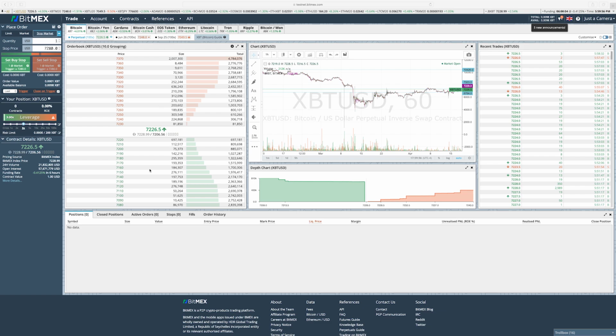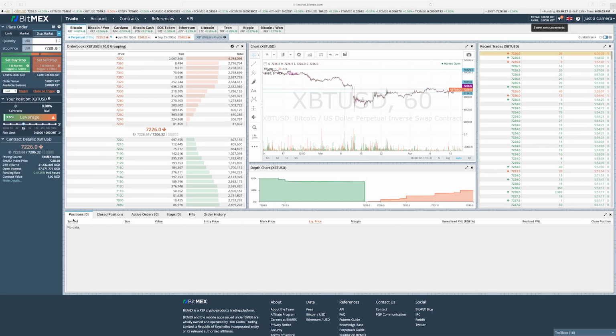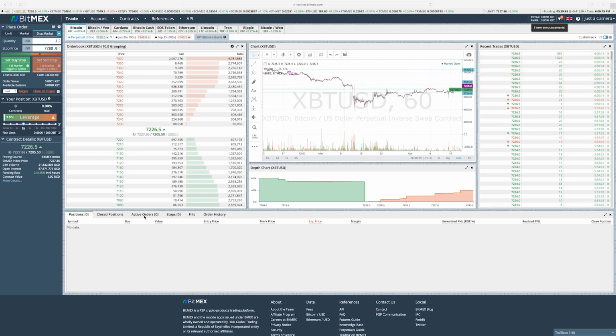And lastly, we've done a very nice overview of our positions table down here, where we know that this is going to show us our open positions, our closed positions, our active orders, so our limit orders, whether that be to buy or sell, their resting orders or conditional orders in the order book. We know that they're visible here, and we can also look at where our stops are.